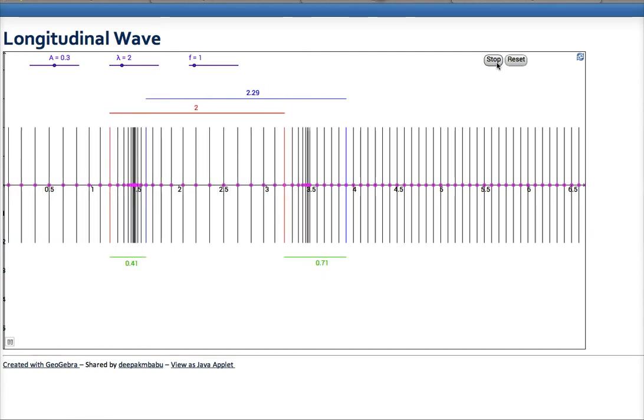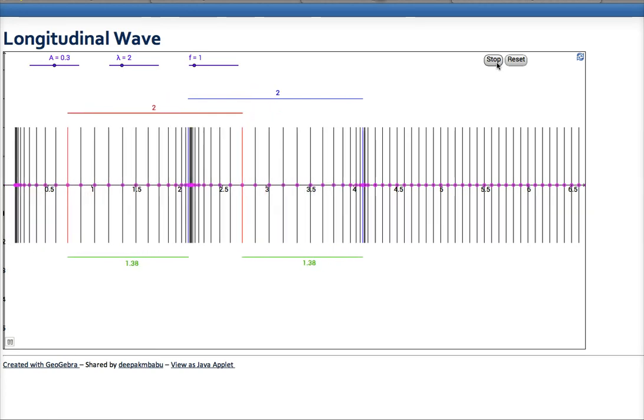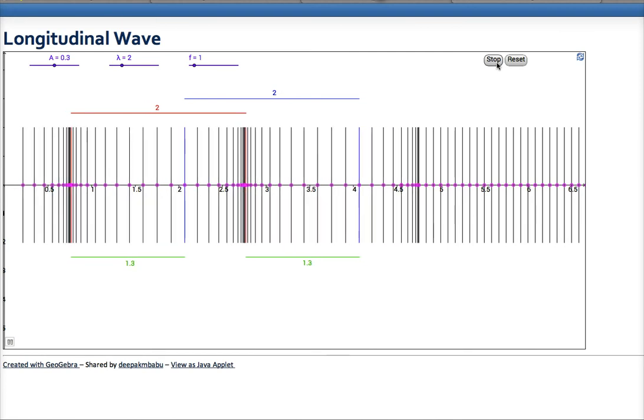So we'll wait till it stabilizes. The wave should have gone through the entire medium, and then wave motion has been established.